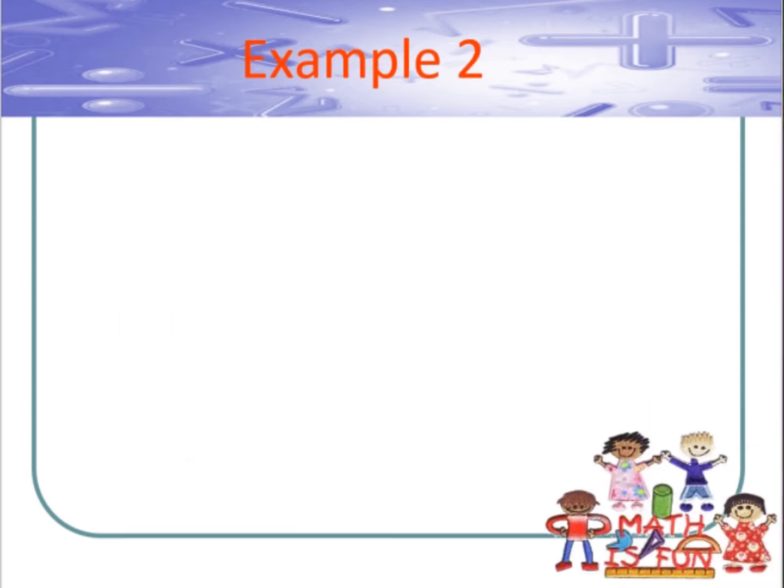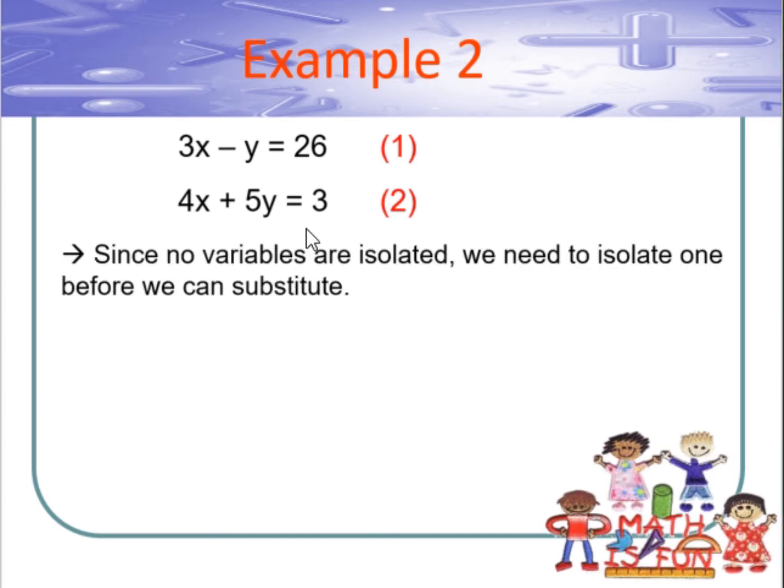Example 2. Given are the equations 3x minus y is equal to 26 para sa equation 1, at ang equation 2 natin ay 4x plus 5y is equal to 3. Dito sa example na to, mapapansin natin na kailangan i-isolate ang isa man lang sa variables na ito.